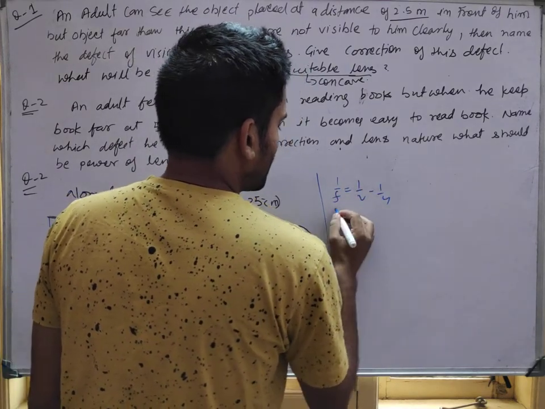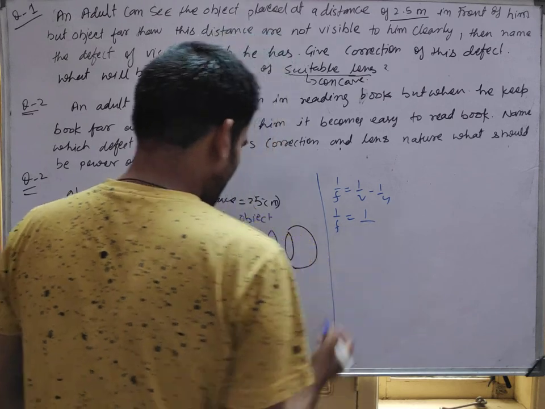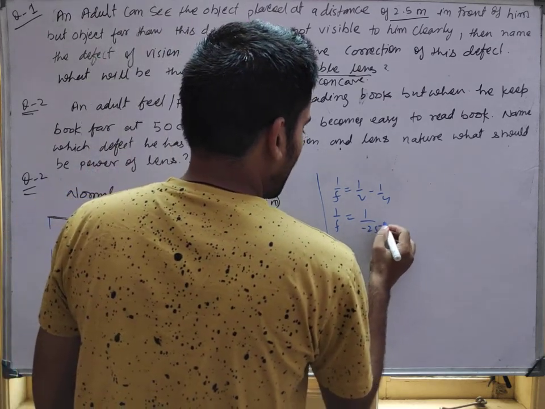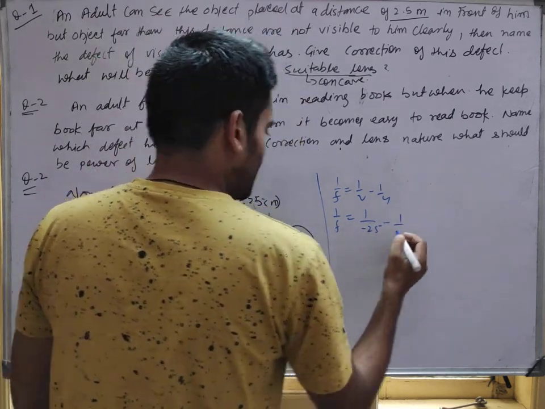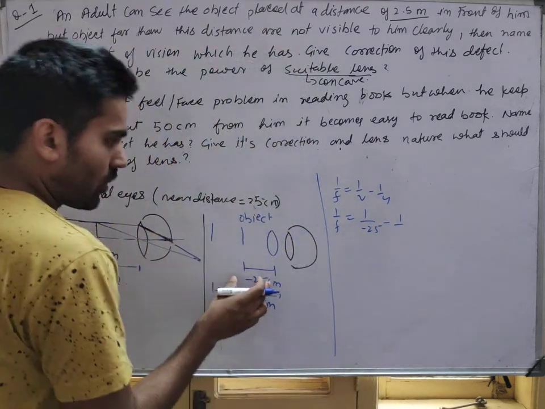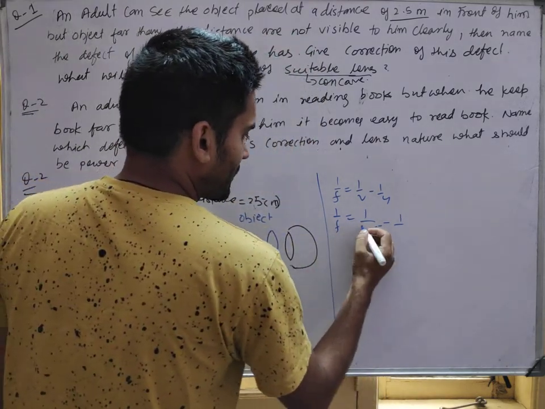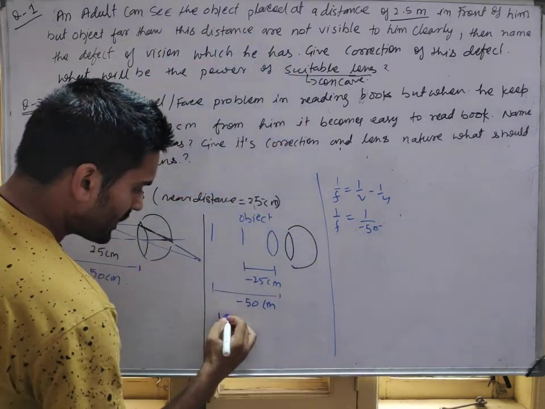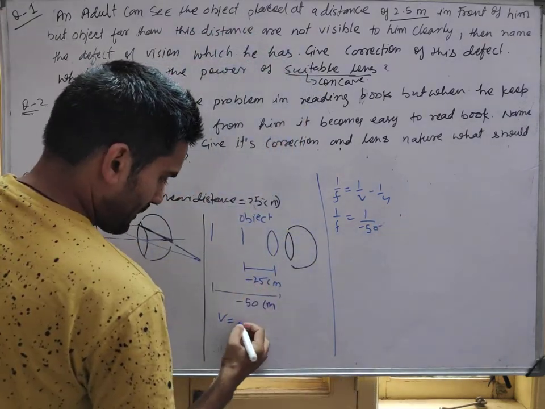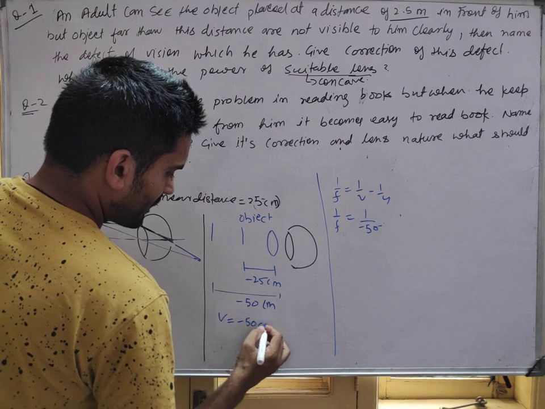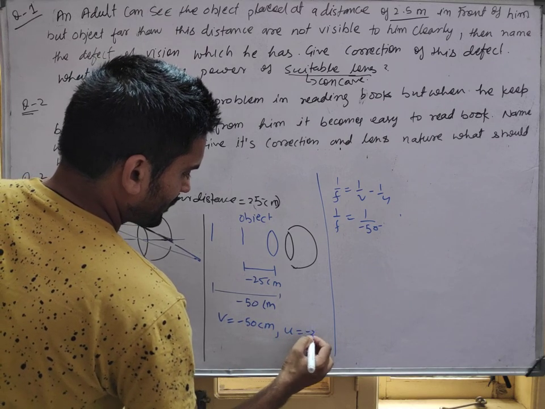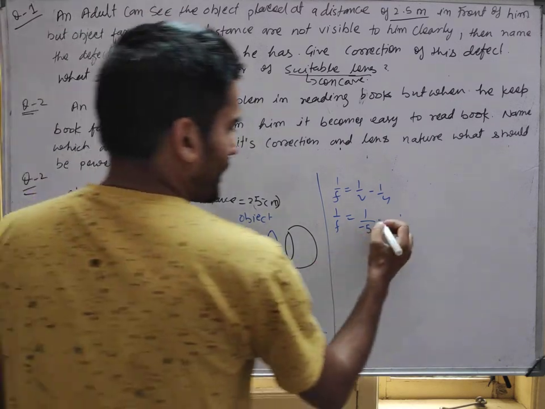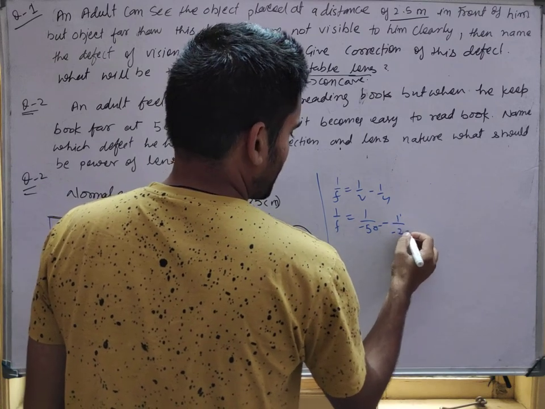So guys, now we will use the formula 1 upon f is equal to 1 upon v minus 1 upon u. Here v is equal to minus 50 centimeters, u is equal to minus 25 centimeters, right?